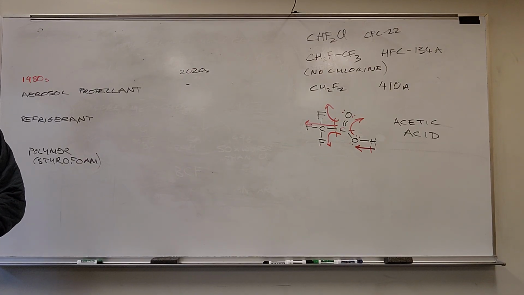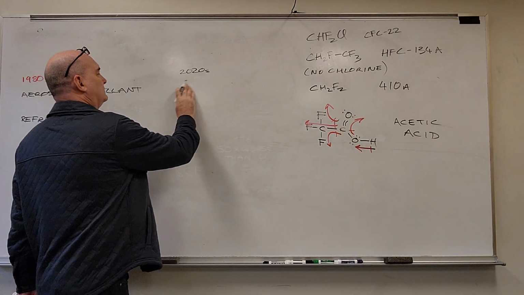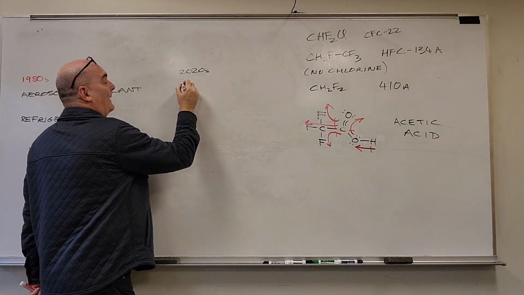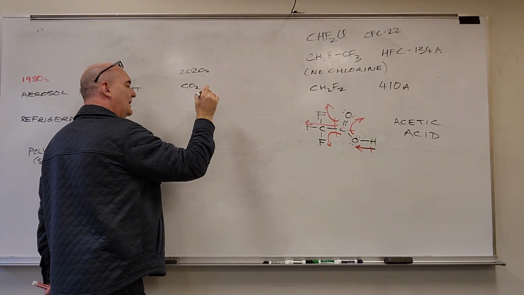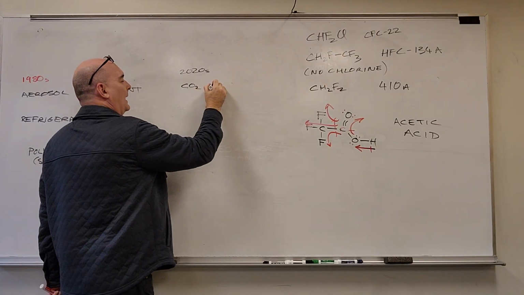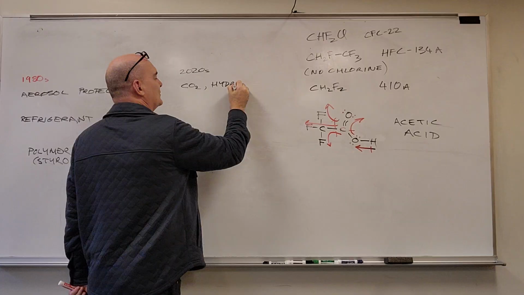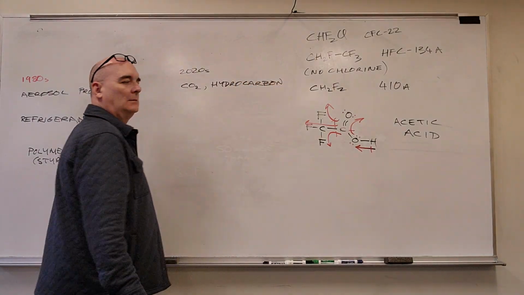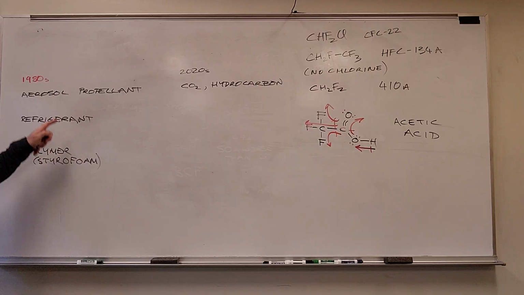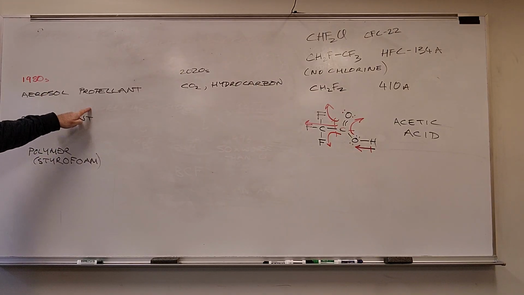Common types include liquefied petroleum gas, LPG, or dimethyl ether. Compressed gas like CO2 or nitrogen. So there is a market here for some carbon dioxide, a little bit. It's not that big. But they've gone with hydrocarbons. This makes them flammable, whereas only the lacquer was flammable before, the propellant wasn't.